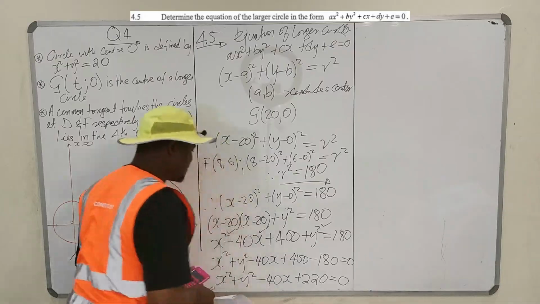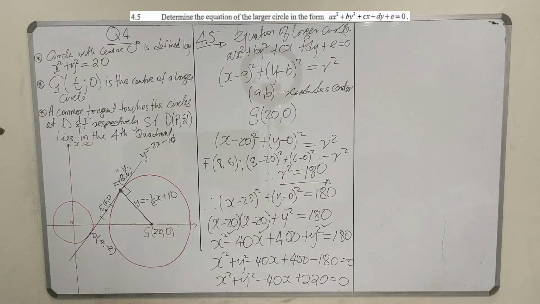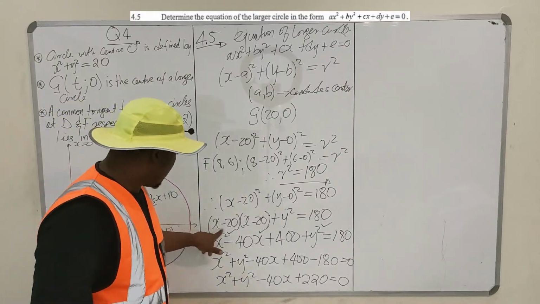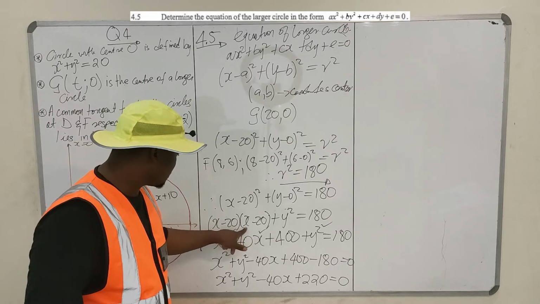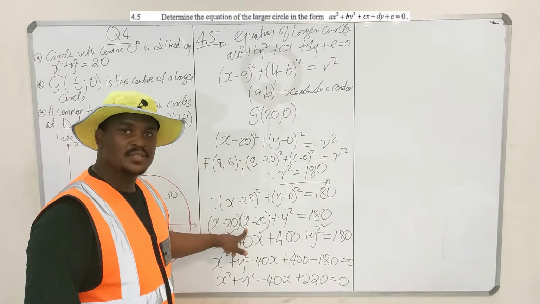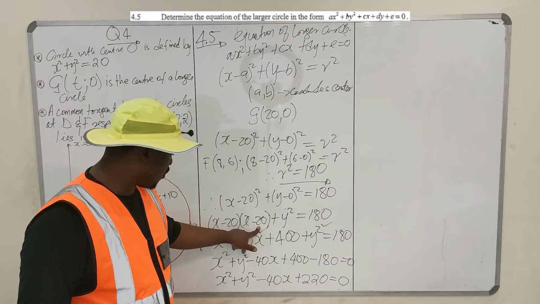So I think we just demonstrated that. This x times this x is x squared. This minus 20x plus this minus 20x is minus 40x. This times that is plus 400.